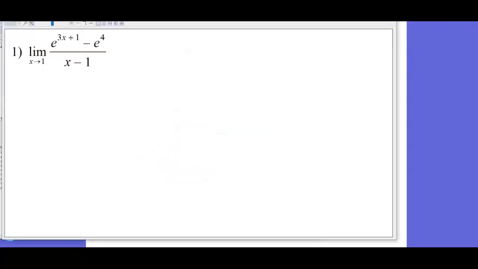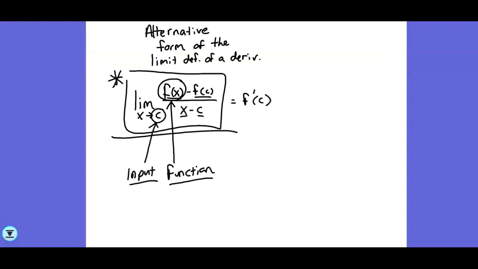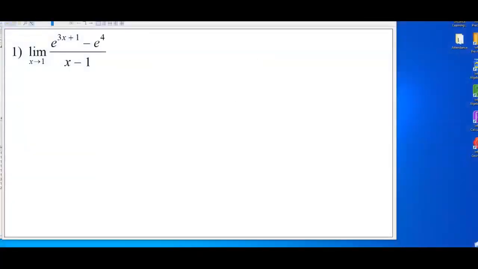So go ahead and write down example 1 here. Now, as you're looking at this, I want you to recognize that we are in fact looking at the limit definition of a derivative. Why? Because I have something minus something over something minus something, right?